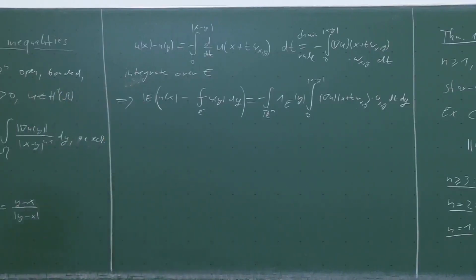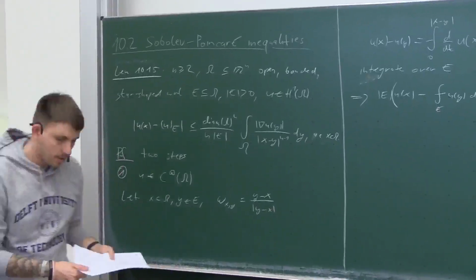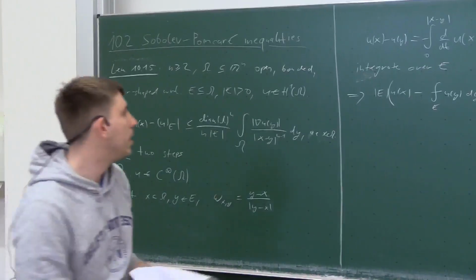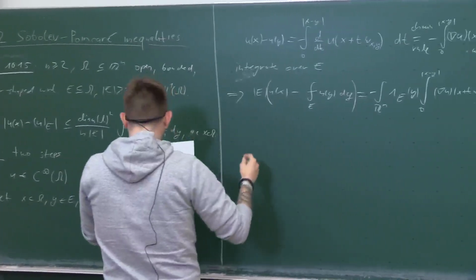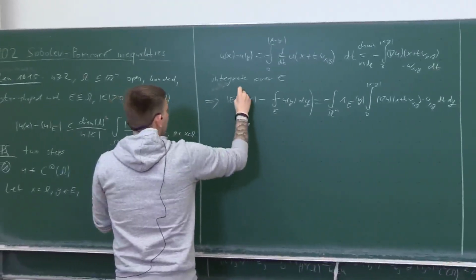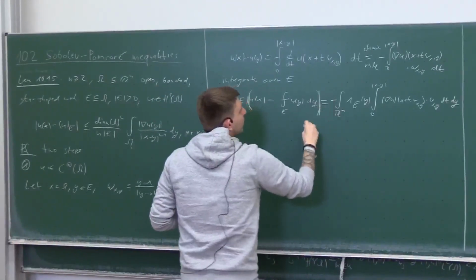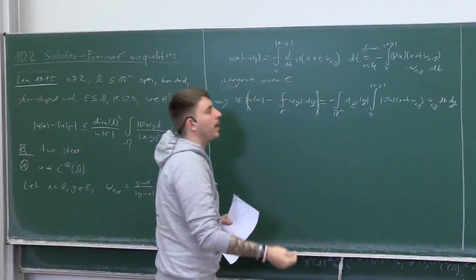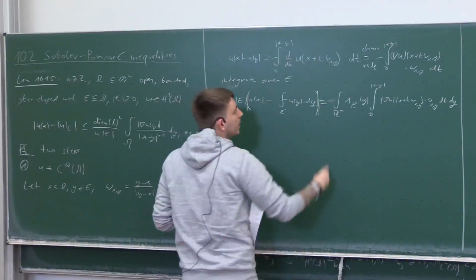And in the end, I said I want to get not a representation, but a bound. So the brackets I will replace by absolute values. I apply absolute values to the other side, which eliminates this minus.